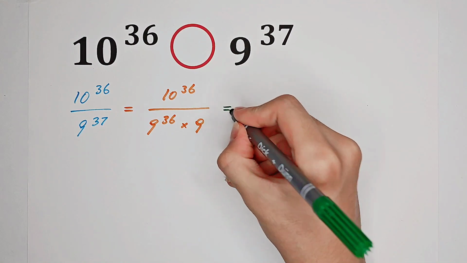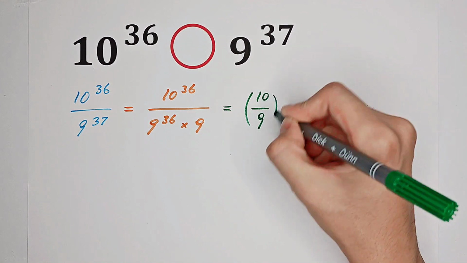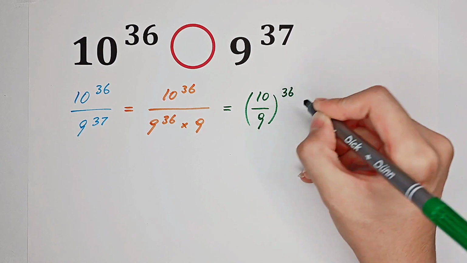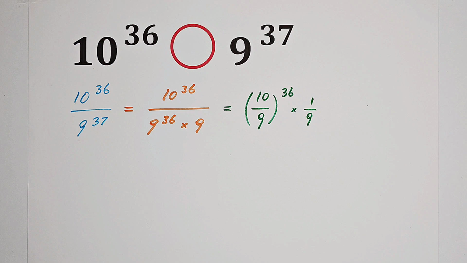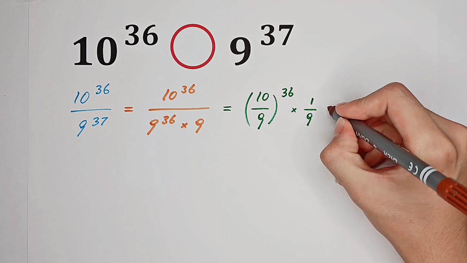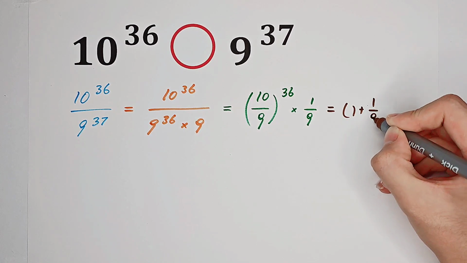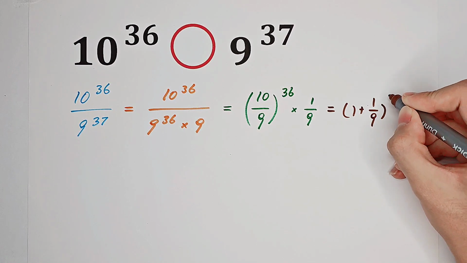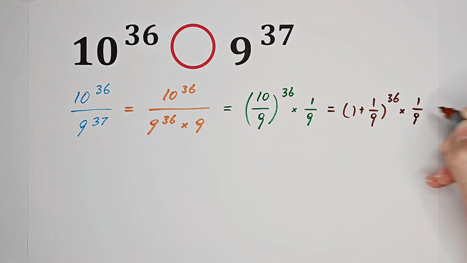So now, it is just 10 over 9, this fraction, all to the power of 36, then times 1 over 9. And now what we can do is to write this 10 over 9 as 1 plus 1 over 9, then to the power of 36, and then times 1 over 9.